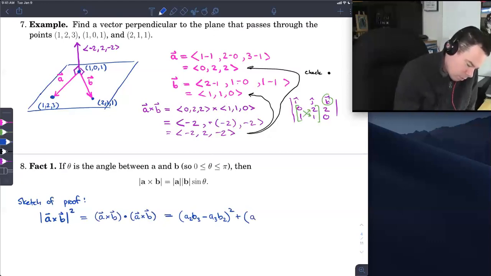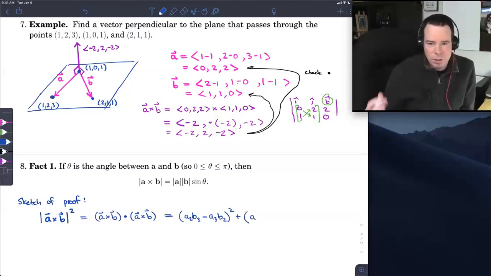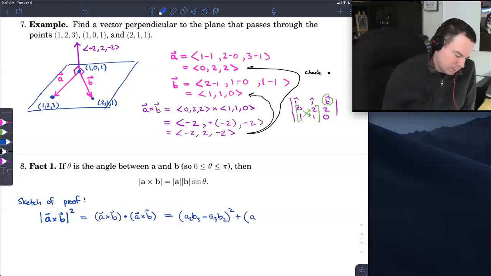If we're thinking in terms of the memory aid, we're ignoring the middle column, which consists of the A2 and the B2, and we only are using the X components and the Z components.